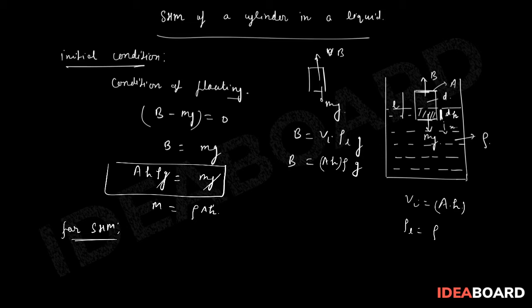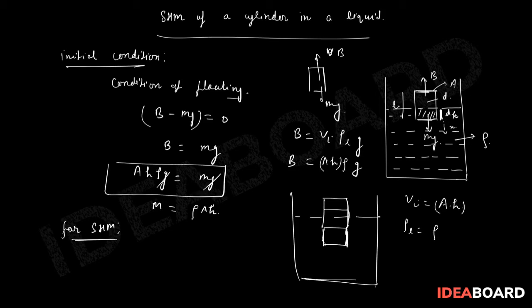Now for SHM, after we displace the block a certain distance x, the diagram will be like this. It was already at this position, now we have displaced it like this, and now the submerged height will become x plus h, right?